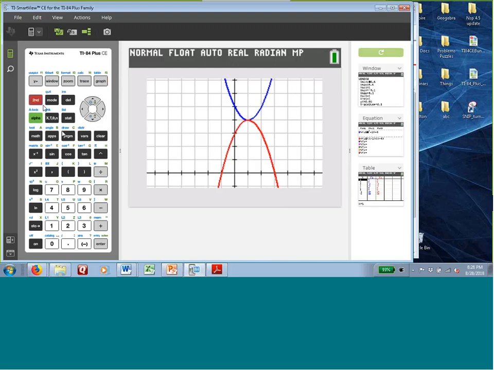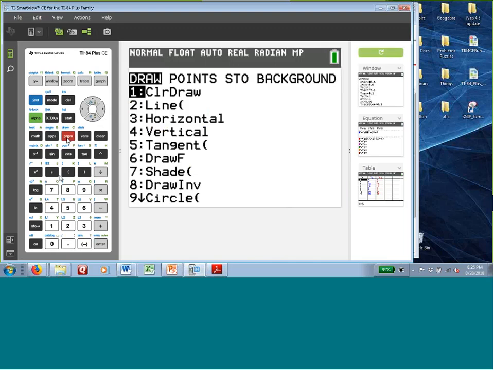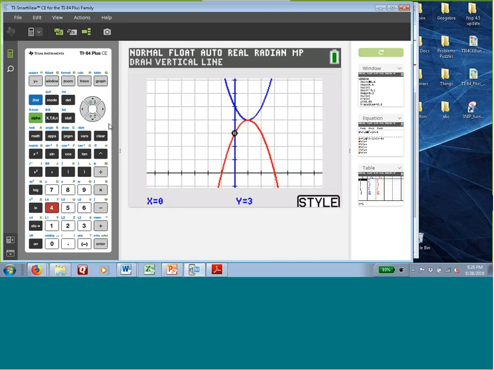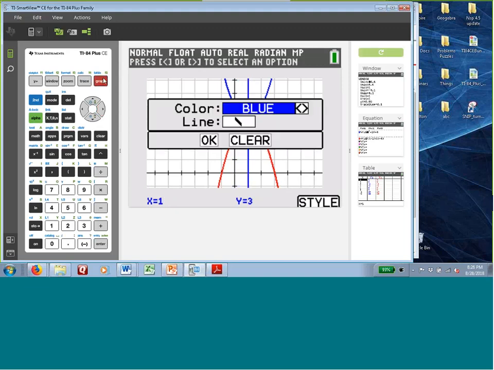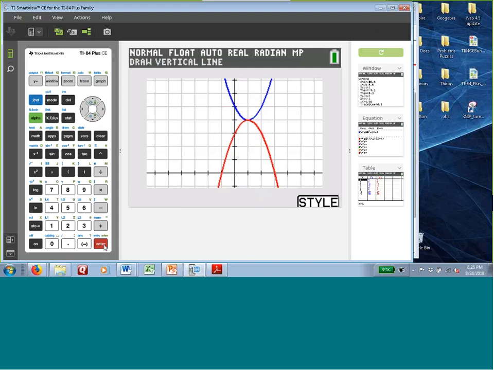Let's again draw in our vertical line. And the vertical line is going to be here at 1. And let's do green for visibility. Okay, and so, whoops, I think I just have to push enter to get that vertical line to stay.